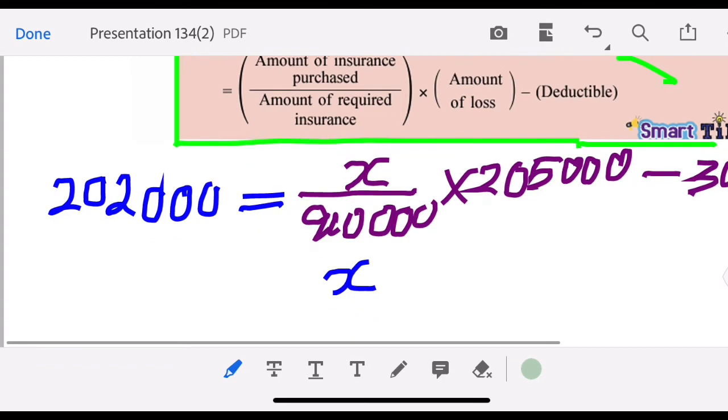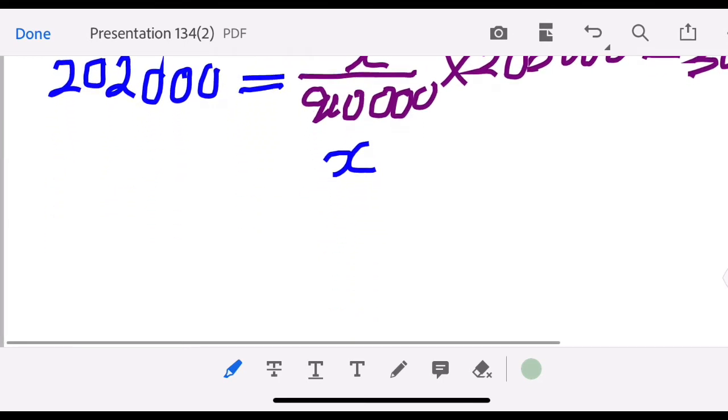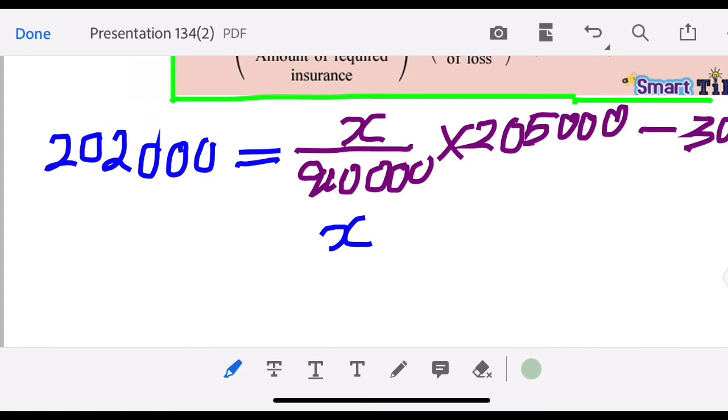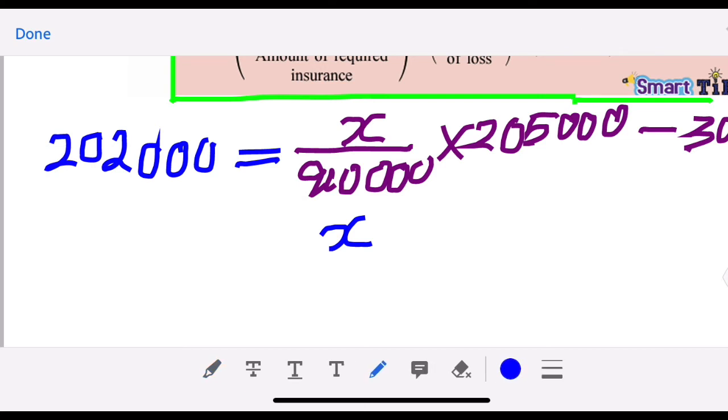So let's do the calculation carefully, and then we will find out the answer.